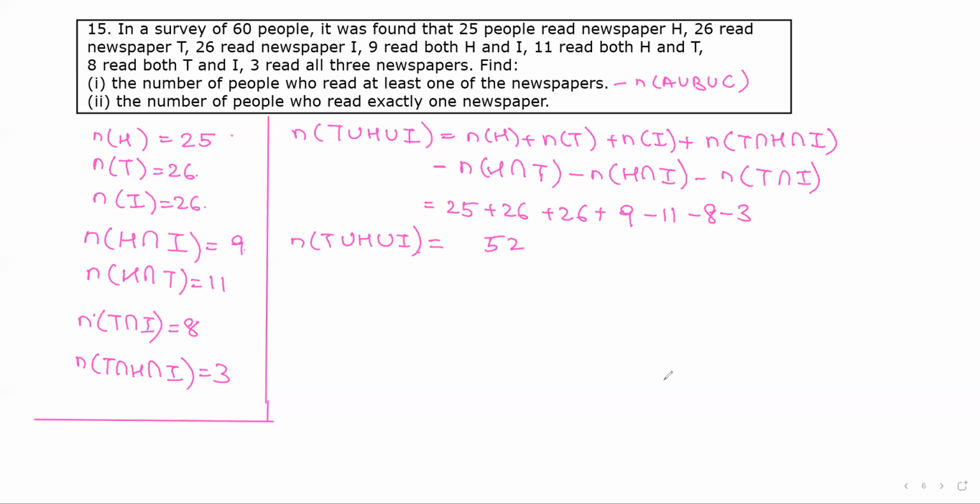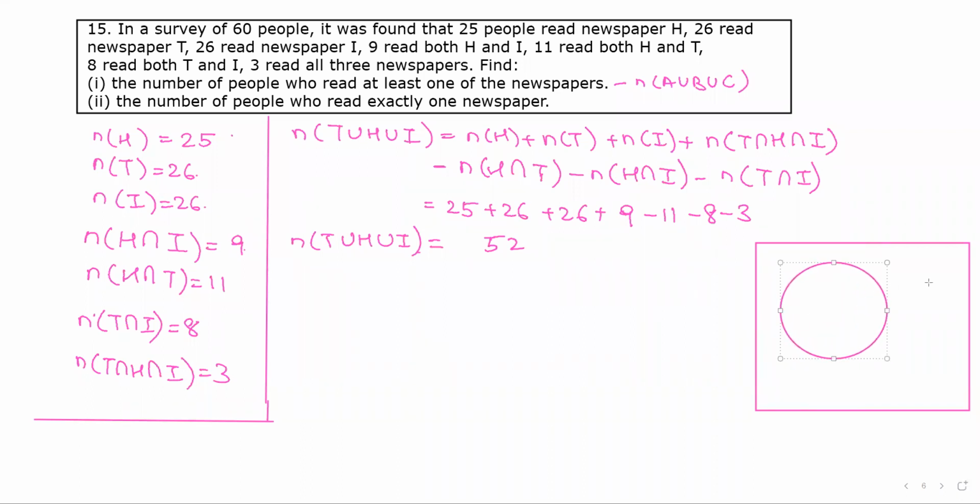Now let's draw the Venn diagram. In the Venn diagram, we can say that this is H, I, and T. It's given that this is 3.